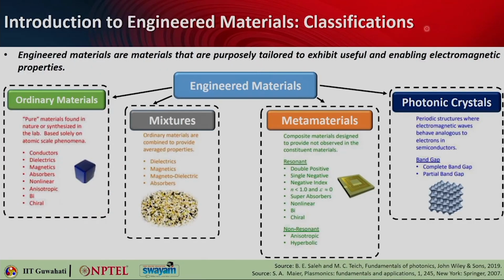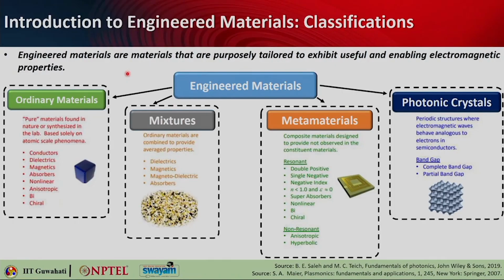When we look into engineered materials, these are basically materials which are purposefully tailored to exhibit some useful and enabling electromagnetic properties. You can see that engineered materials can be put into 4 buckets. The first one is ordinary materials.